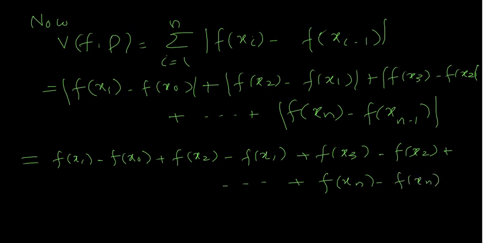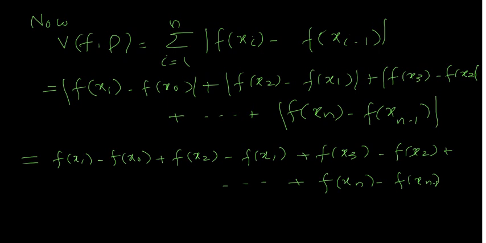The term before this one is f of xn minus 1 minus f of xn minus 2. So the last one, f of xn minus 1, is minus f of x1, but the term before this one is f of xn minus 1 minus f of xn minus 2.